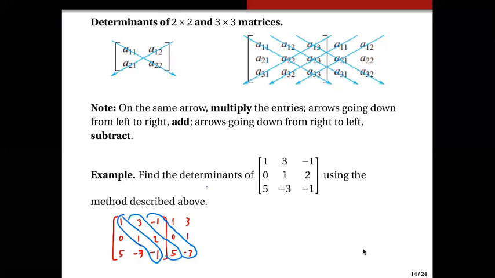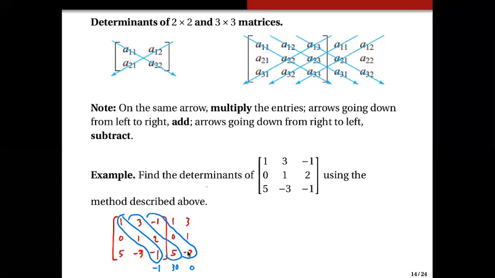Okay? So we have negative 1 for this first blue here, and then we have 30. This is 3 times 2 times 5, that's 30, and then this is 0.